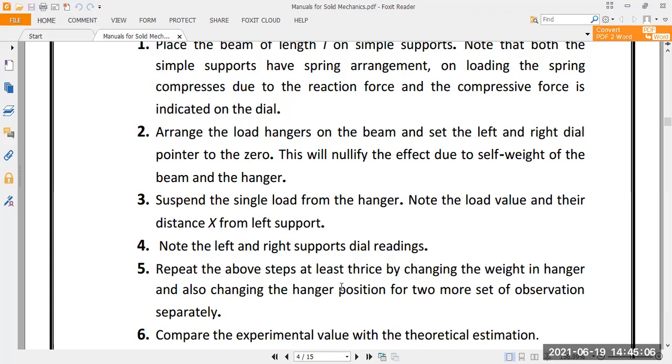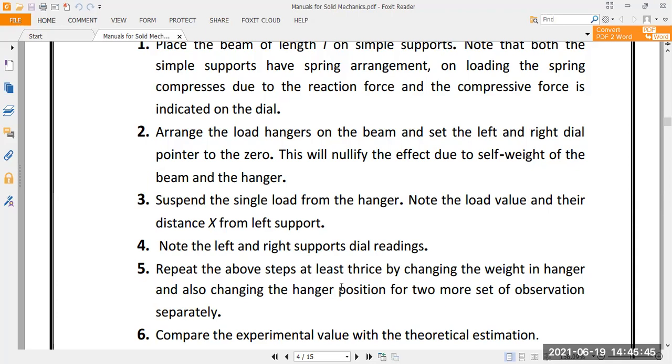Next, by putting the hanger at the middle of the beam and sustaining the same load, suspend the single load from the hanger, note the weight value, and measure the distance x from both the ends.